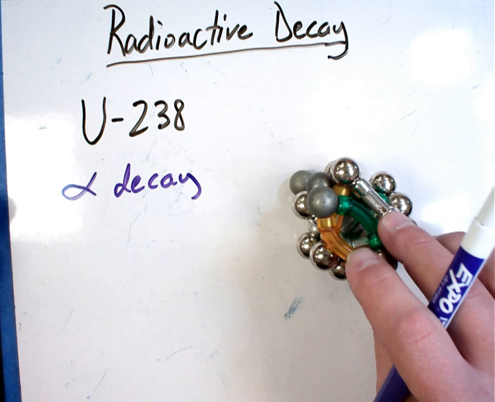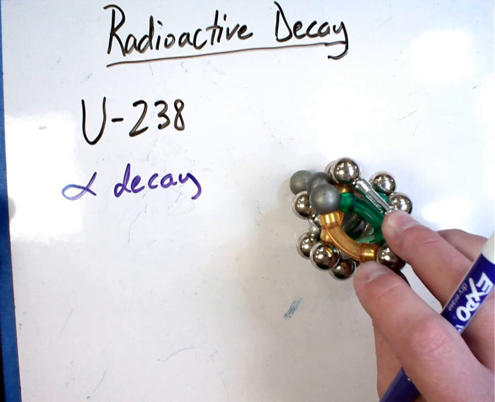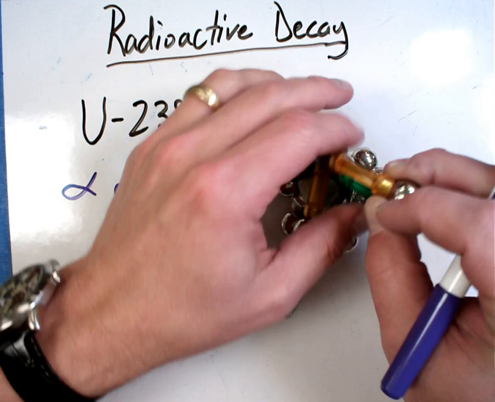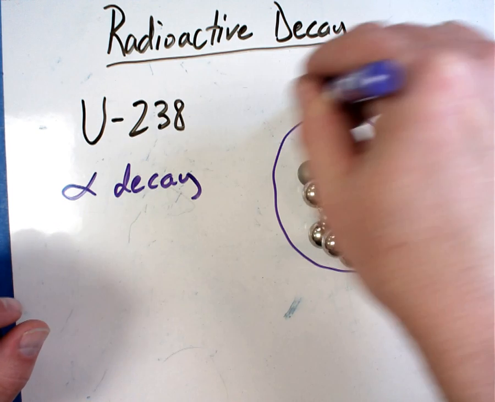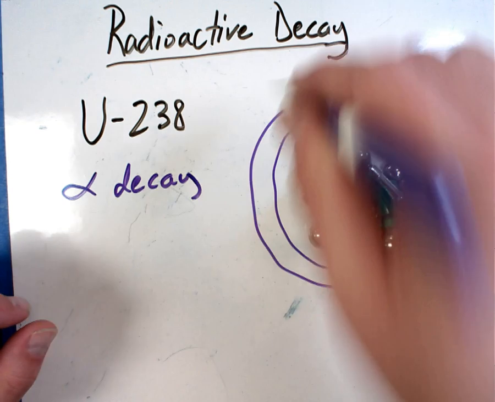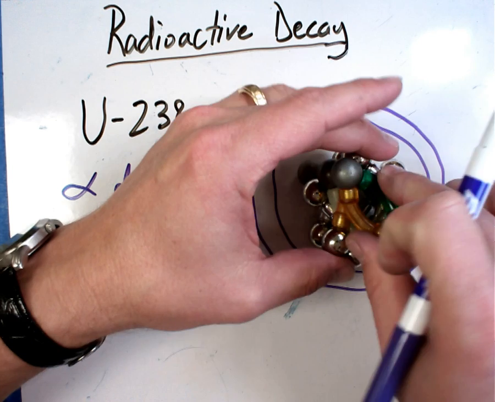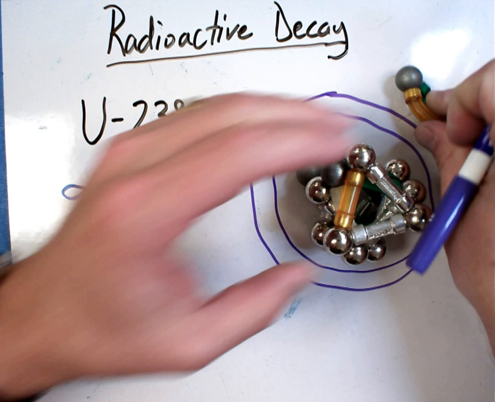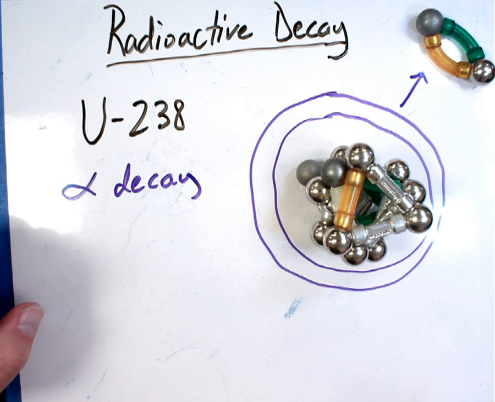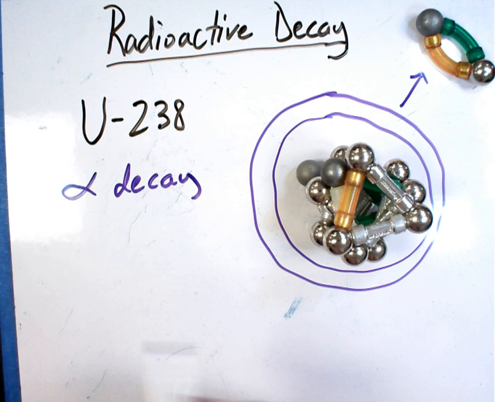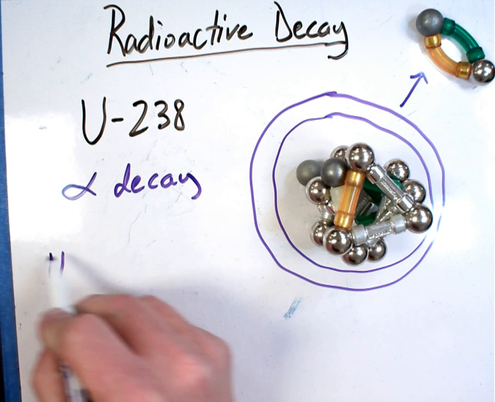So what's going to happen is this nucleus is going to, and let me draw the electrons like this, so we'd have all these rings of electrons, and it'll go through alpha decay, and here's what happens. This flies off. Well, when that flies off, there is a change that takes place, and it's simple math.